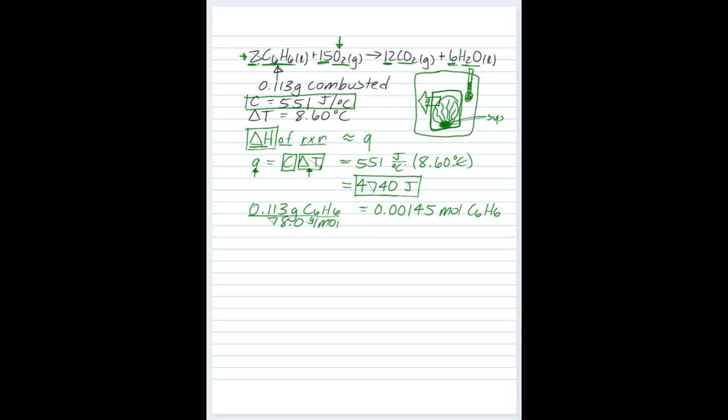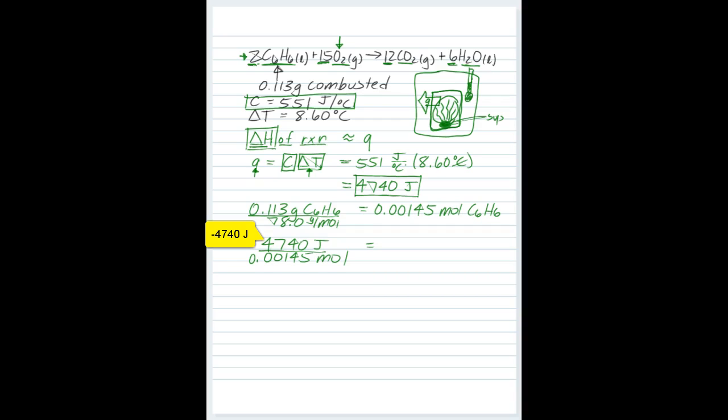How much heat would come out if it was actually 2 moles, which is what we want for this thermochemical equation, for this heat of reaction, because that's what we're asked for? We just have to do a conversion. Here's how I like to think about it. We have a number that says 4740 joules, and that's not per 1 mole, it's per 0.00145 moles, right?